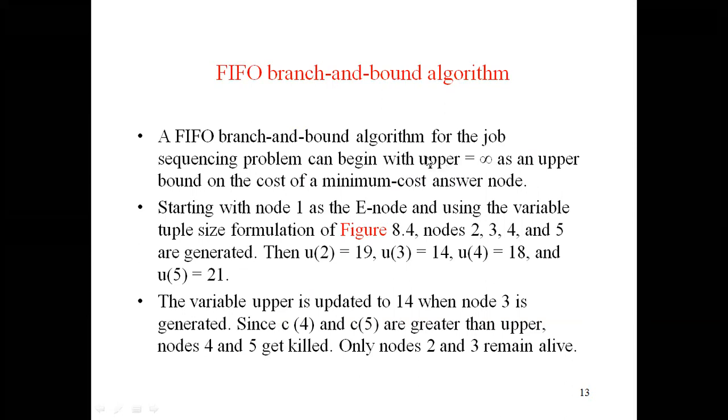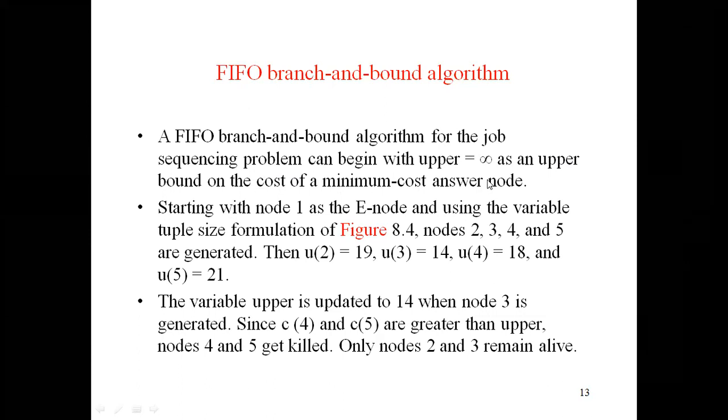In the FIFO branch and bound algorithm, for every node we have an upper bound and a lower bound.